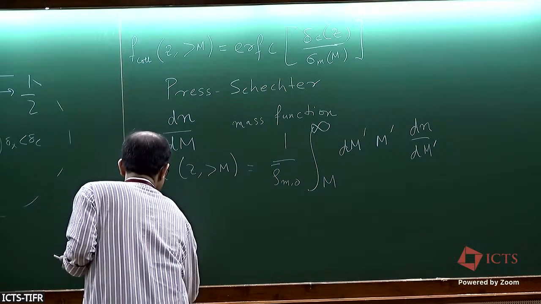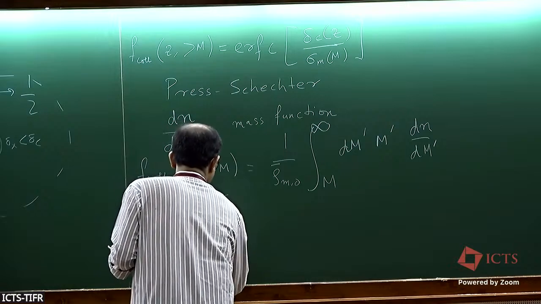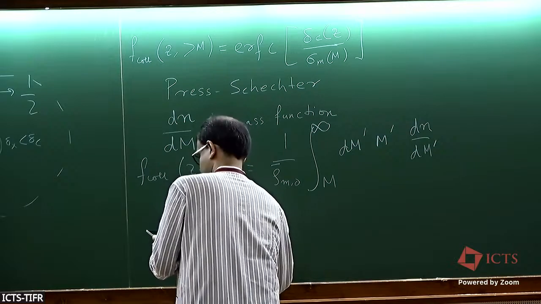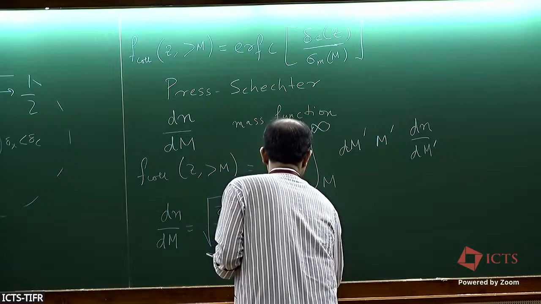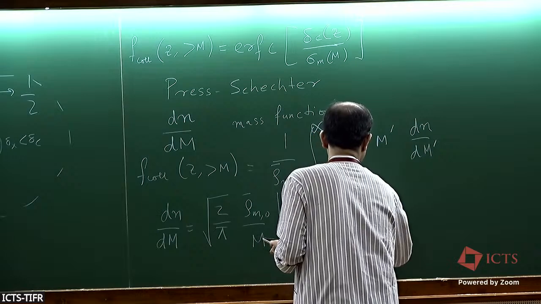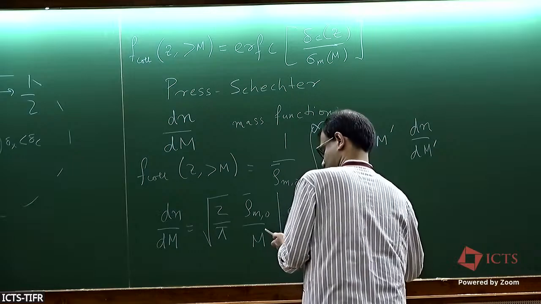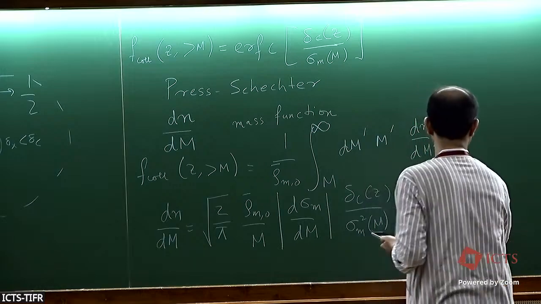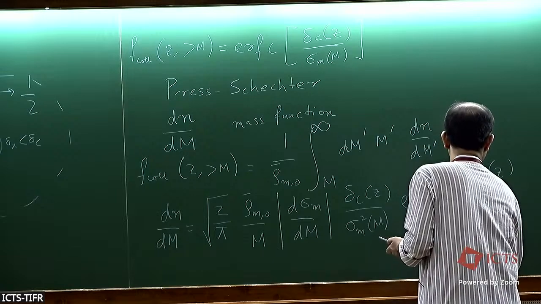It will be dn/dm equal to root over 2 by pi, rho m0 by m, then d sigma m by dm, and then delta c z by sigma m square, and then exponential of minus delta c square z by 2 sigma m square.